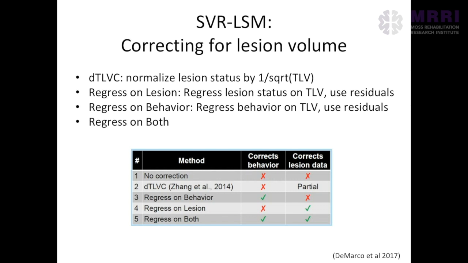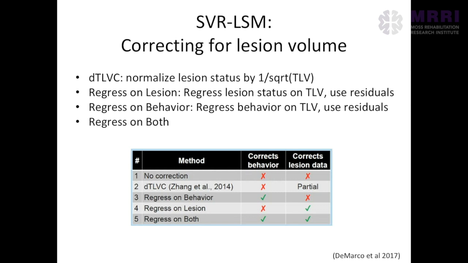Or you can do regress on both: you regress total lesion volume against lesion status and take those residuals, and on the other side of your equation, it's total lesion volume regressed out of behavior. Andrew DeMarco, who put together this toolbox, mapped out how these different effects are affecting your outcome.